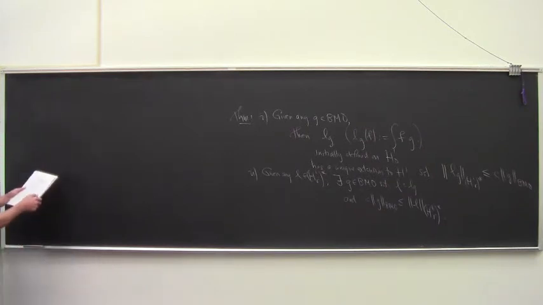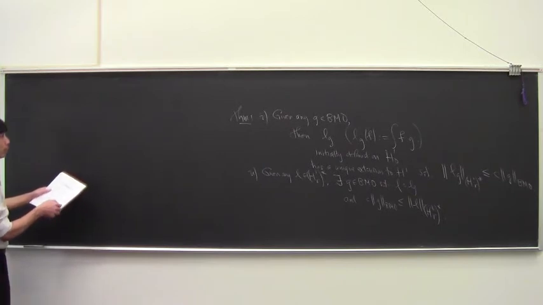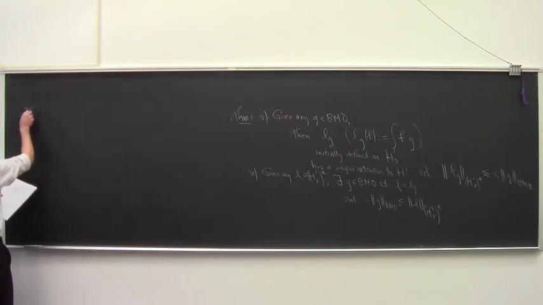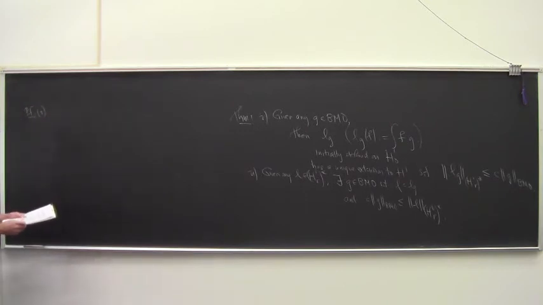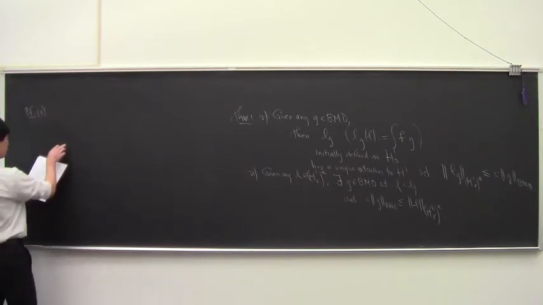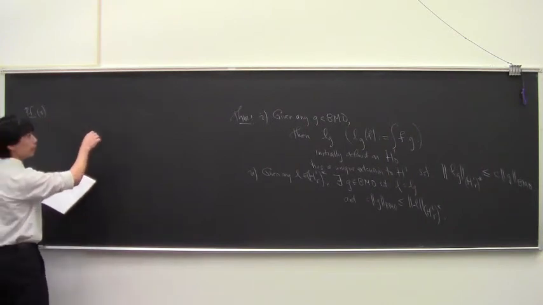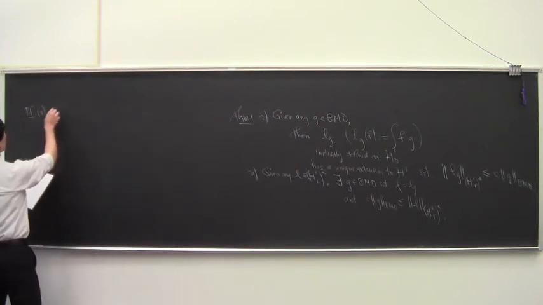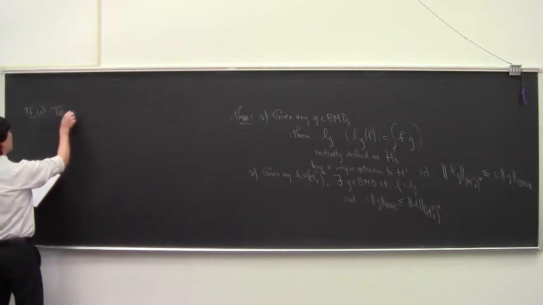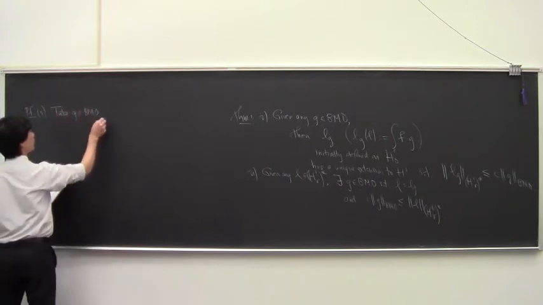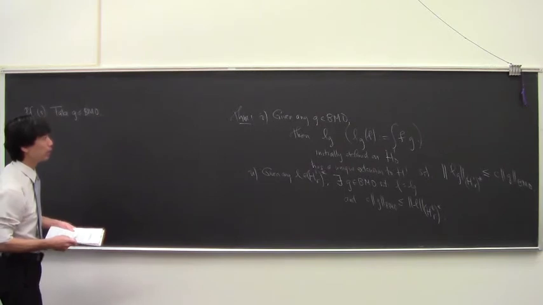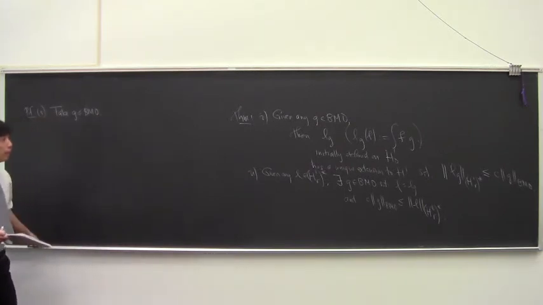So let's do part one of the proof. We want to take G in BMO, and we create this L_G, and we want to show that this L_G has the right norm as a linear functional.